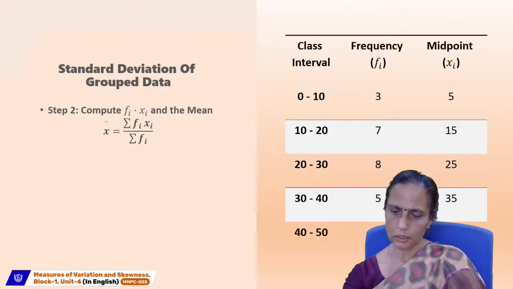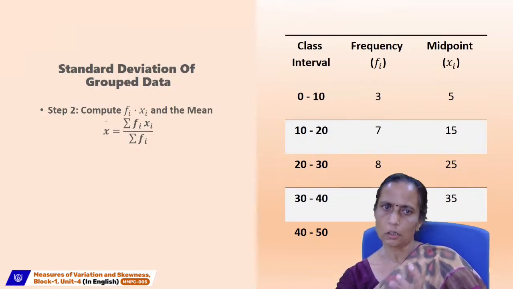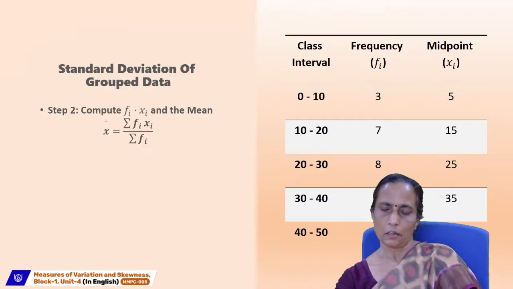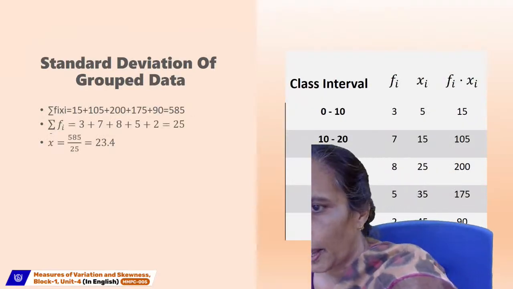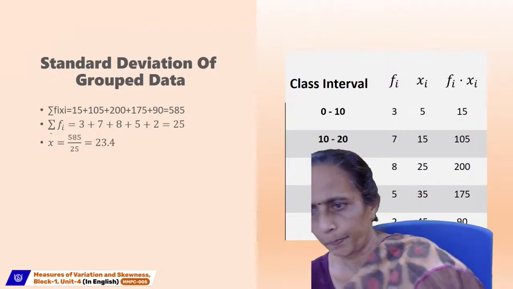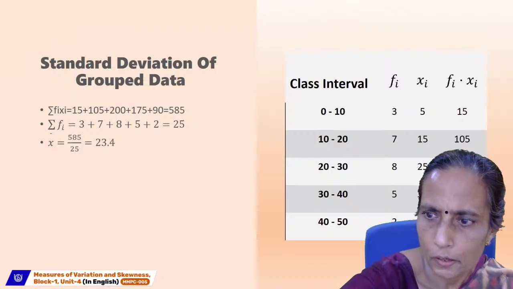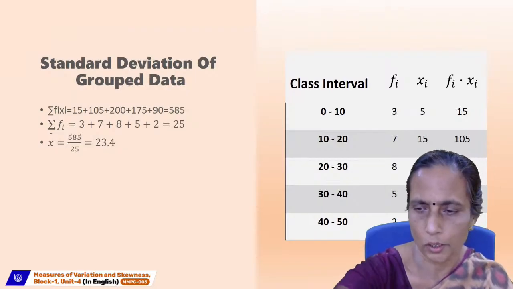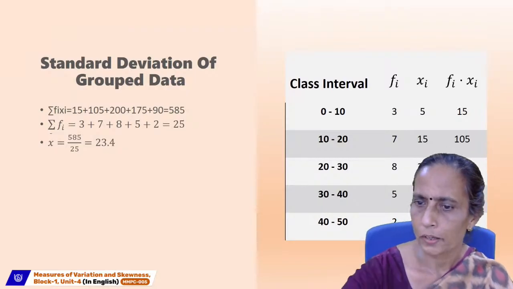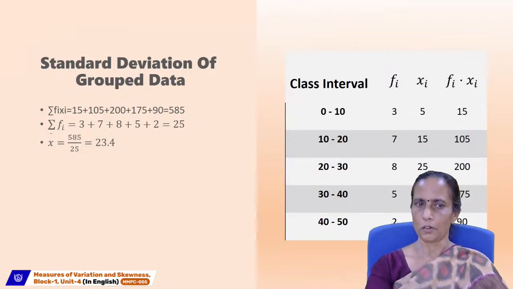So now next we are to compute the mean of our distribution. How can we calculate that? Next you make the fi into xi column and multiply this with this. 15 into 7 is 105, 25 into 8 is 200, 35 into 5 is 175, and 45 into 2 is 90.